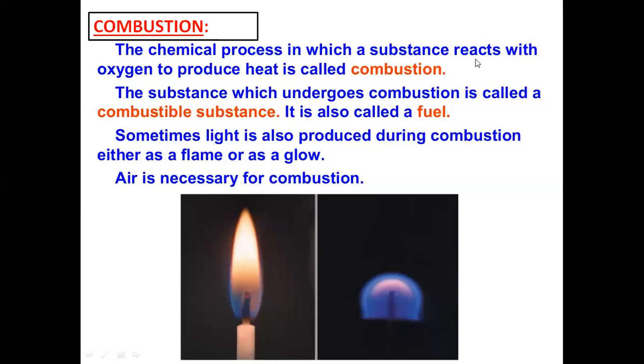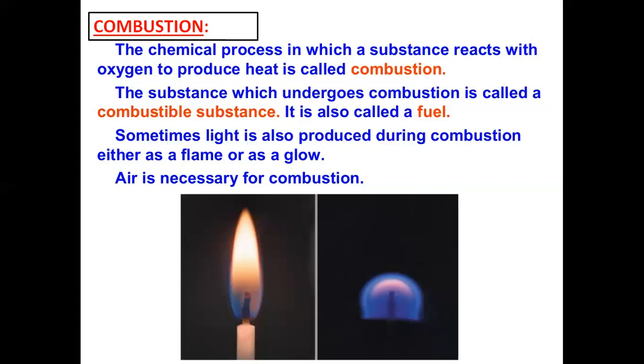The definition of combustion is the chemical process in which a substance reacts with oxygen to produce heat. That is known as combustion. And the substances which undergo combustion are called combustible substances.